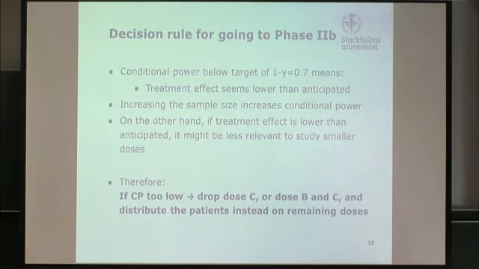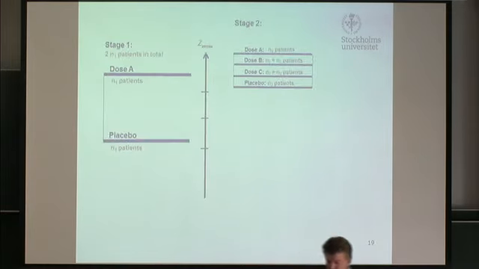And therefore, it could be reasonable, if the conditional power is too low, to drop dose C or even both dose B and C and distribute the patients on the remaining doses. And by this we will see that we can increase the conditional power.